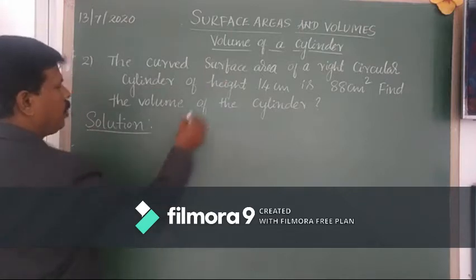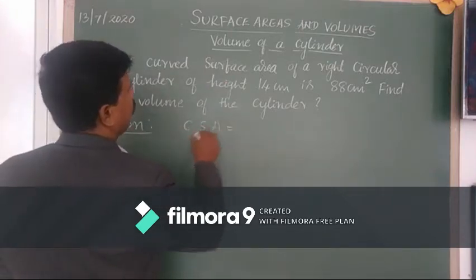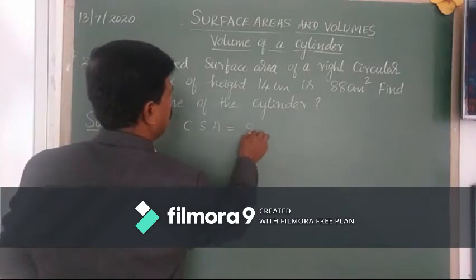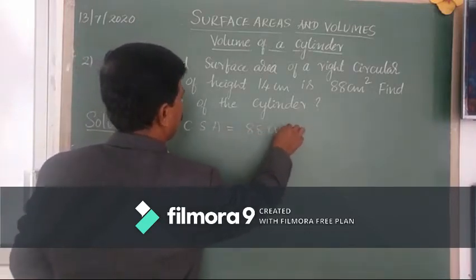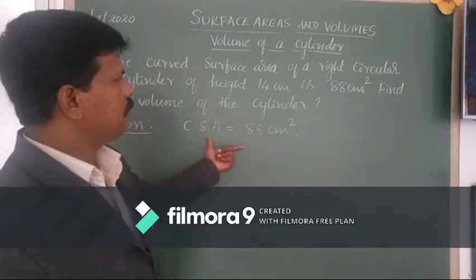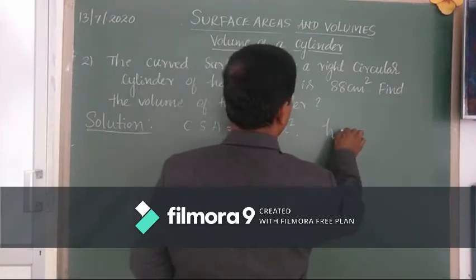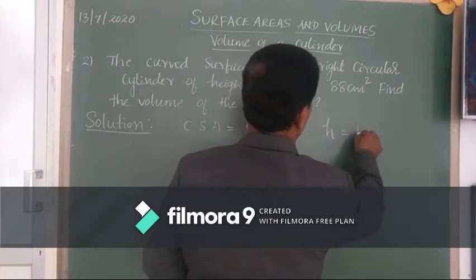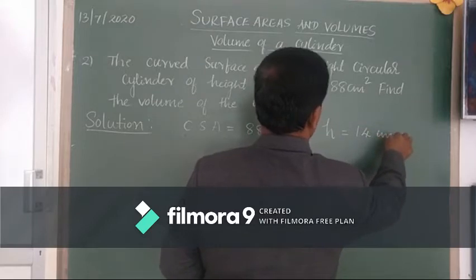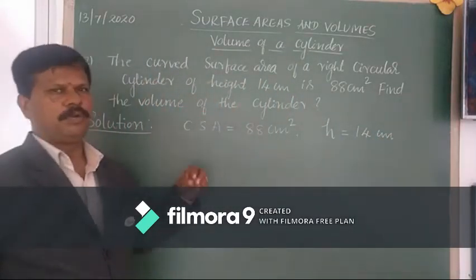What is given? Curved surface area is given, 88 square centimeter, and height is given, that is 14 centimeter. Now, in the previous problem, what was given?